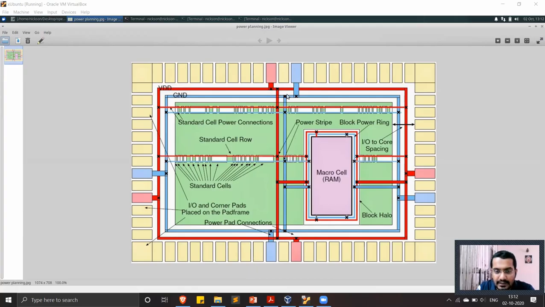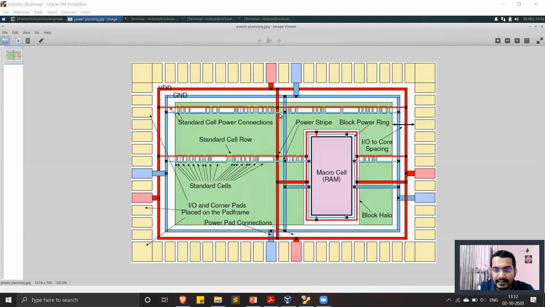Similarly for the blue, it is connected to the ring. So right now the power is coming into the pads, from the pads it goes into the power and ground rings, and from the ring it goes to these vertical straps. So now the power has reached the PicoRB, the green box.